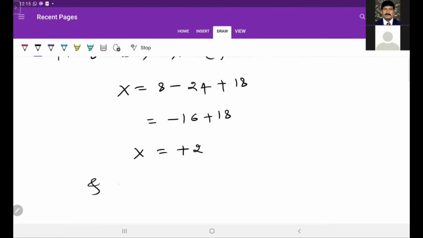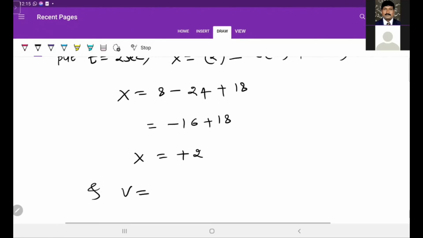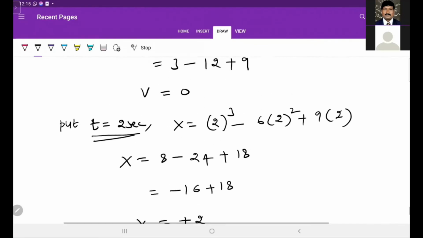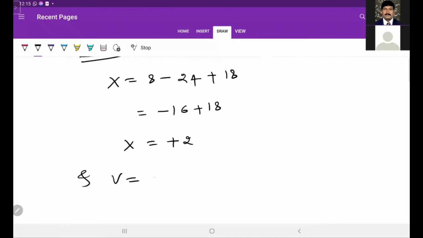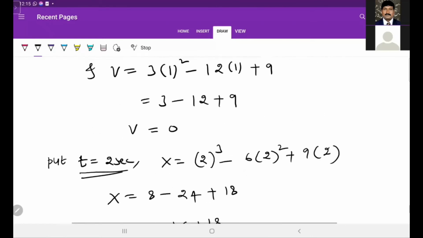And put time 2 second in velocity also. The velocity equation we know, velocity equation is 3t square minus 12t plus 9.